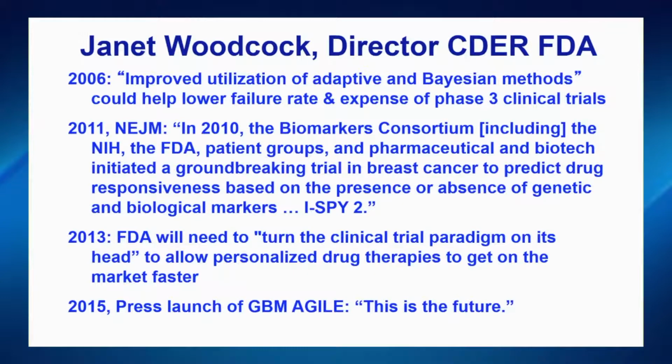Improved utilization of adaptive Bayesian methods could help lower the failure rate of expensive phase 3 clinical trials. As you know, phase 3 trials is where the money goes down the tube. And what the FDA had noticed was that the big reason for these failed phase 3 trials is phase 2, phase 1, phase 2, and the horrible path by which you get to phase 3.